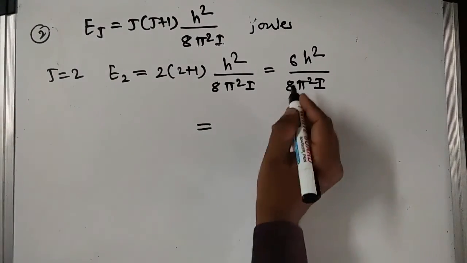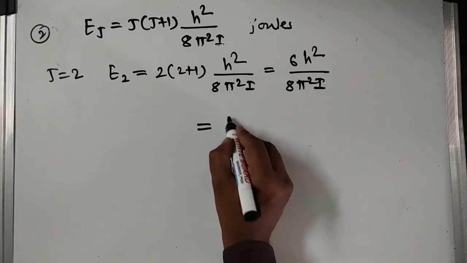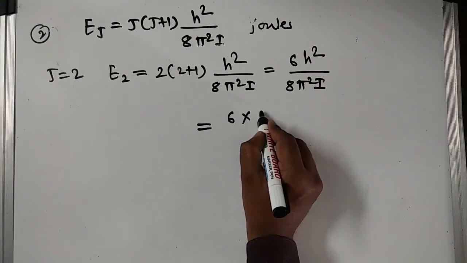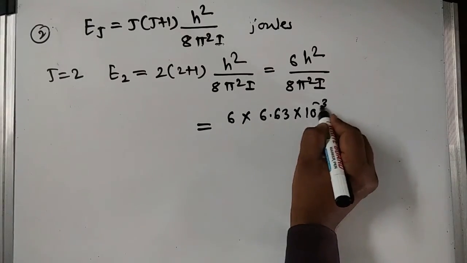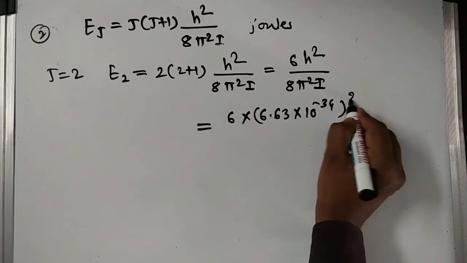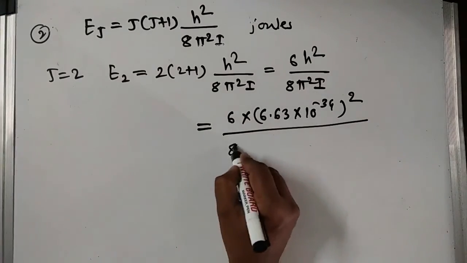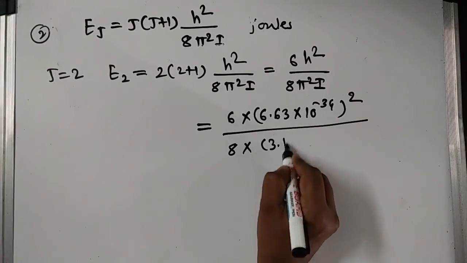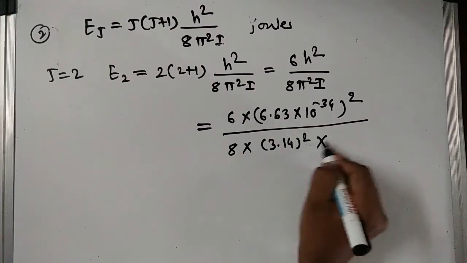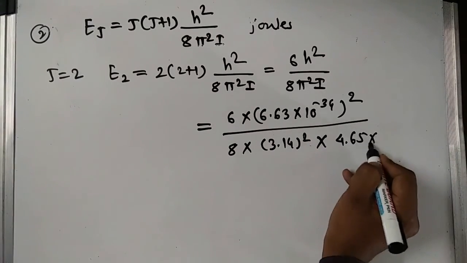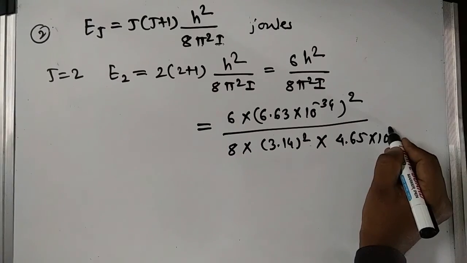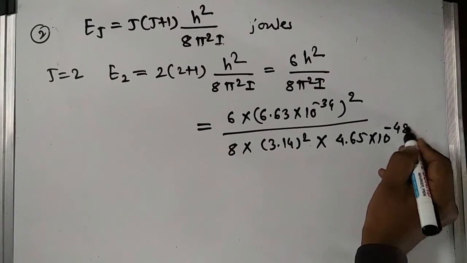Therefore we can calculate: 6 into h square, where h is 6.63 into 10 raised to minus 34 square, divided by 8 into 3.14 bracket square into I. The value of I is 4.65 into 10 raised to minus 48.